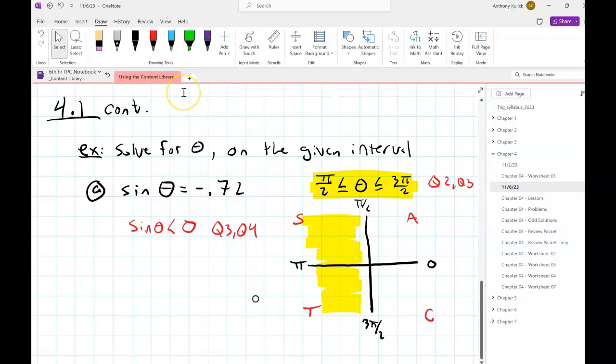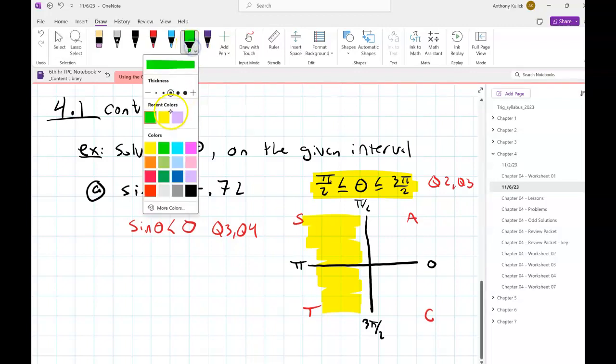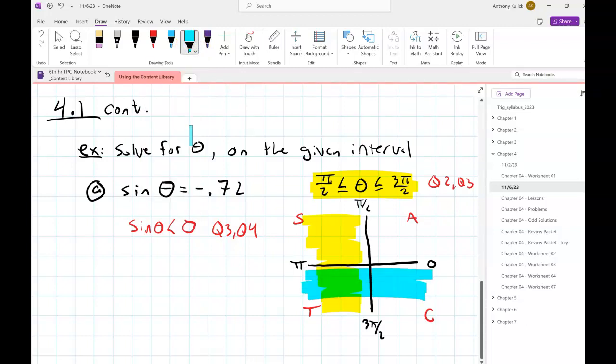So if I look here, my interval is covering quadrants 2 and 3. My sine being negative covers quadrants 3 and 4. So where does my answer have to be? It has to be in quadrant 3, right? Because that's the only quadrant that's common, that will satisfy both of those requirements.